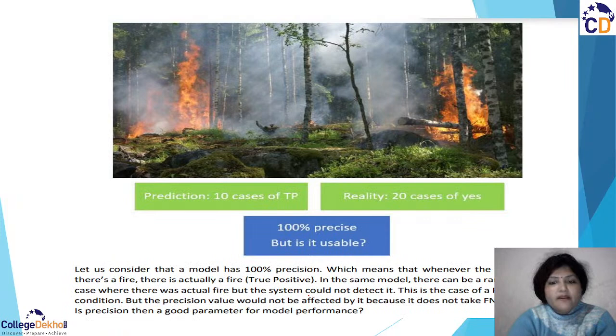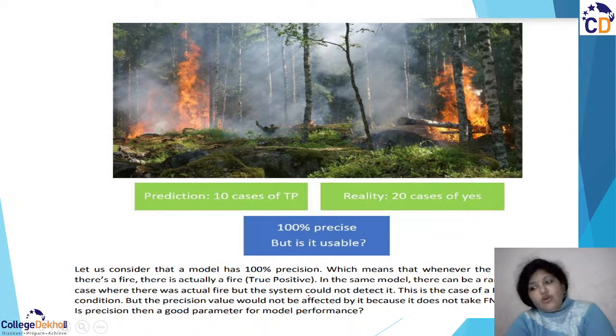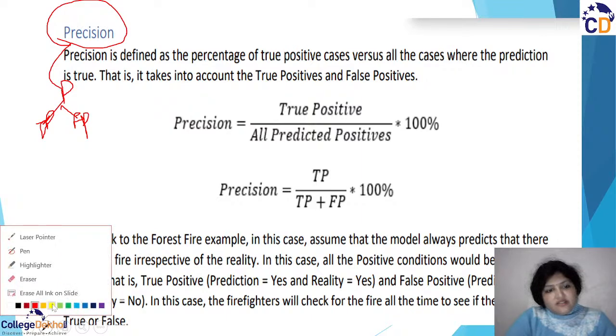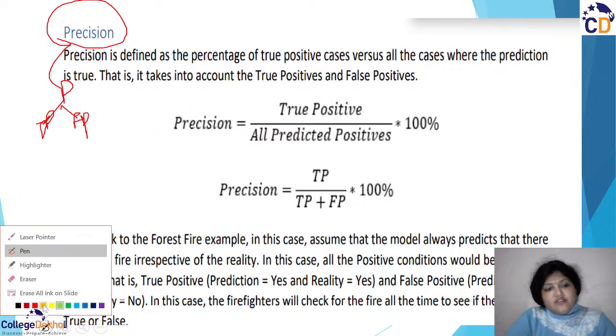So because it does not take FN into account, is precision then a good parameter for model performance? No, obviously. So we have recall in that case. Recall basically takes the false negative into account.